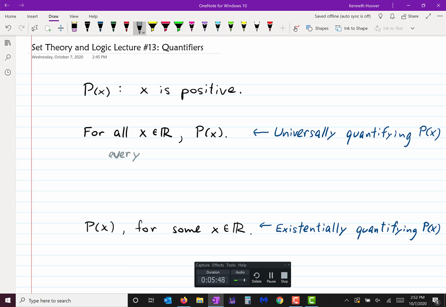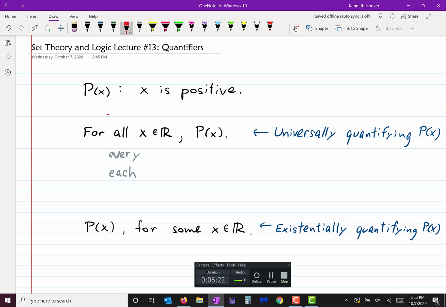Or you could say for each X in the real numbers, X is positive. Those all mean exactly the same thing. Okay? That is, of course, a false statement. I'm not claiming that every real number is positive. Remember, a false statement is just as good of a statement as a true statement, if your question is whether it is a statement or not. Okay? All right.